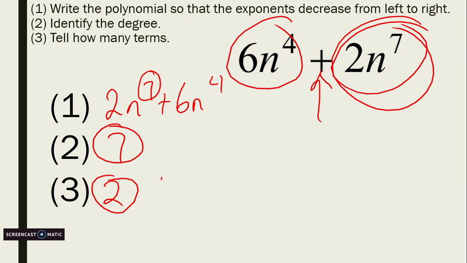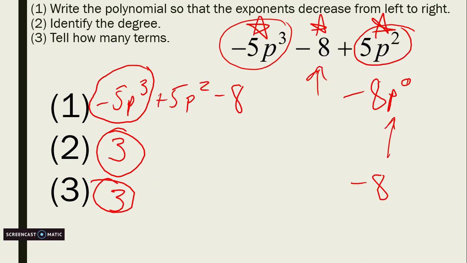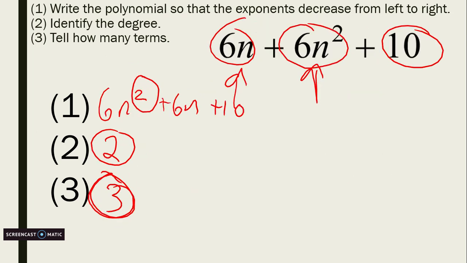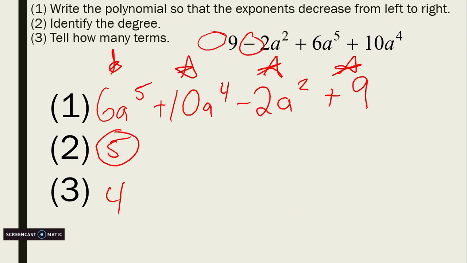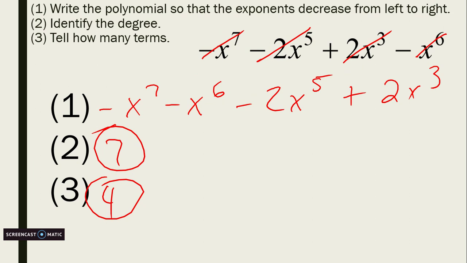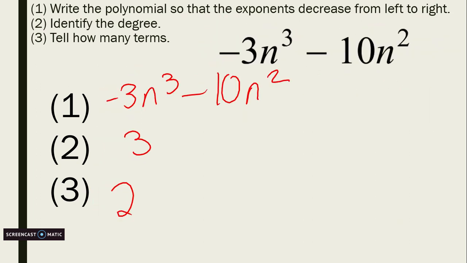For something that has 2 terms, you can write binomial. For something that has 3 terms, you could write trinomial. Trinomial again. If you want to write polynomial next to the 4, you can, but you don't necessarily have to.